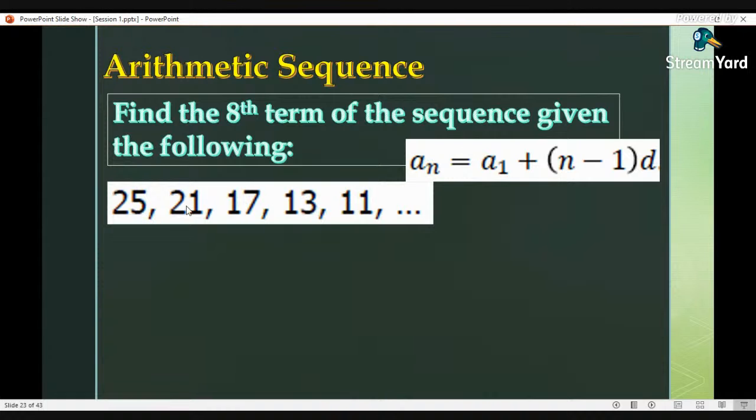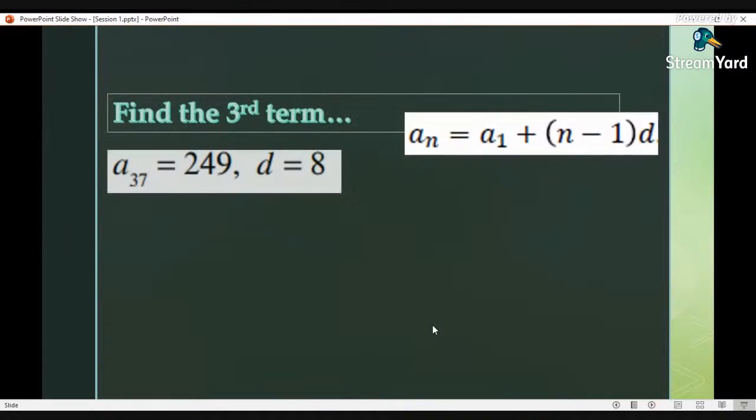So we have 25, 21, 17, 13, 9, minus 4 is 5, then that would be the sixth. Minus 4 again is 1. Then minus 4 is negative 3. So that would be the eighth term.